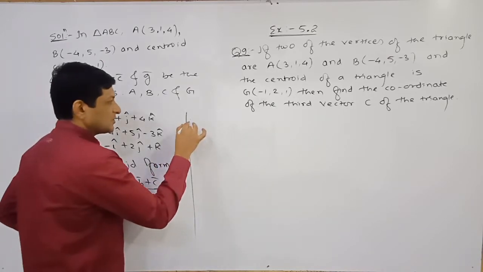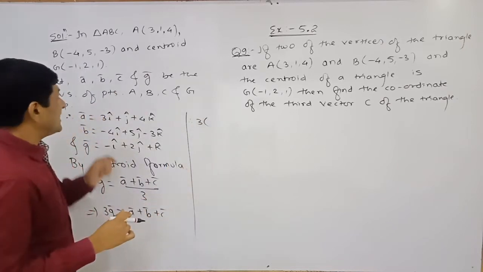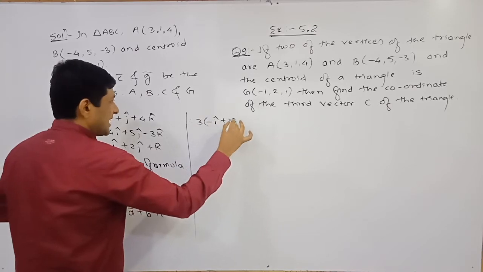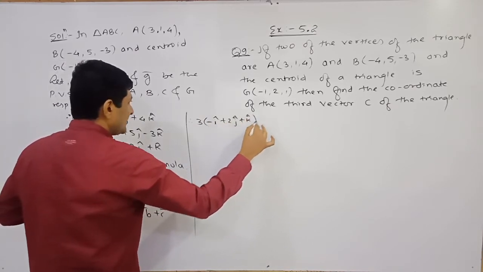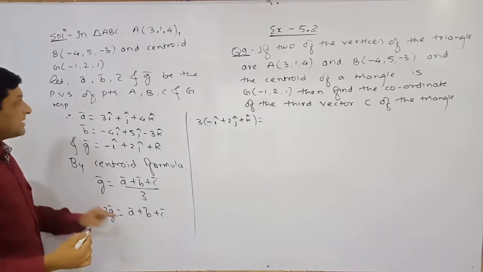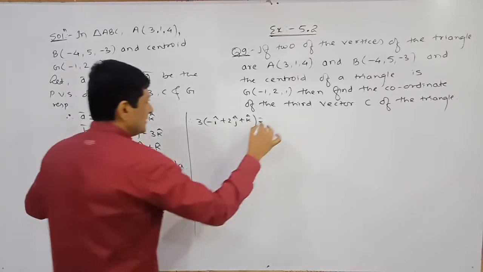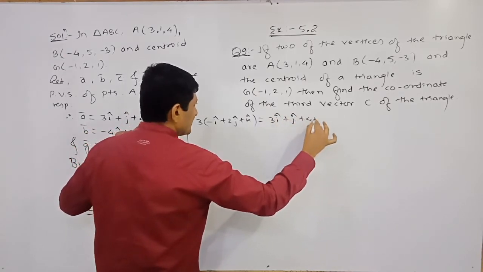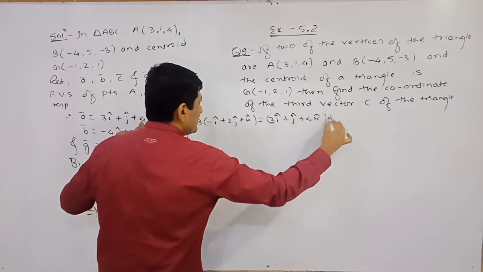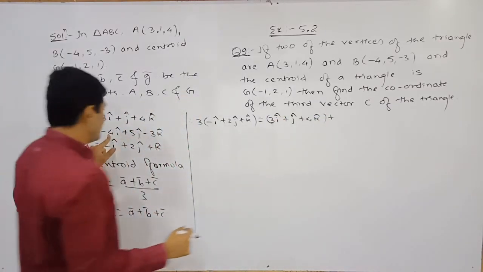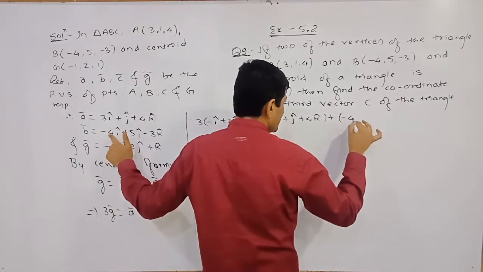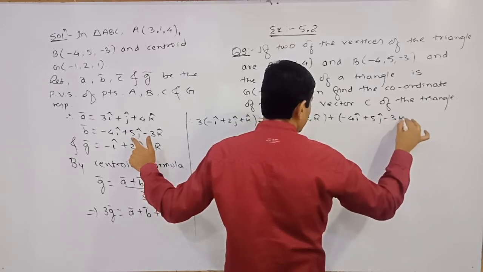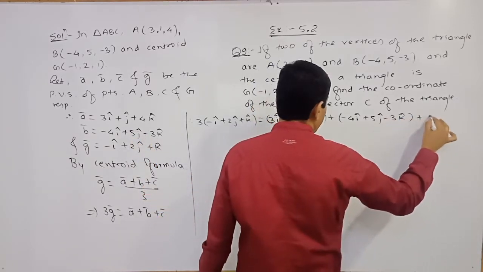Keep the 3 as it is and replace G bar by its value: 3 into (minus i cap plus 2j cap plus k cap) is equal to, on this side, A bar, which is 3i cap plus j cap plus 4k cap, plus B bar, which is minus 4i cap plus 5j cap minus 3k cap, and lastly keep plus C bar as it is.